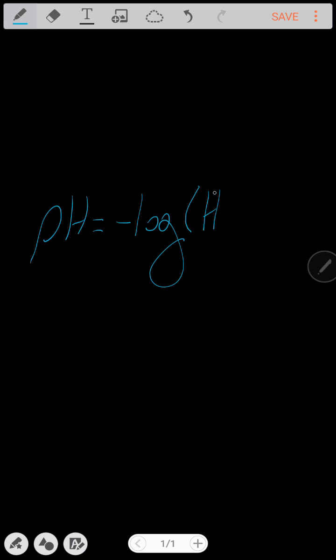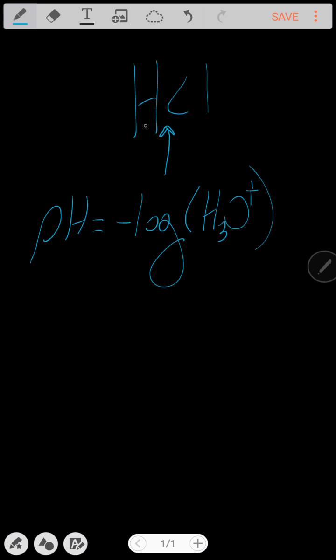The equation I'll use for this is that pH is equal to the negative log of the hydronium ion concentration. Some people put H+, some people put H3O+. It's talking about the same thing, right? So in this case, what is the pH of a 0.43 molar solution of hydrochloric acid?